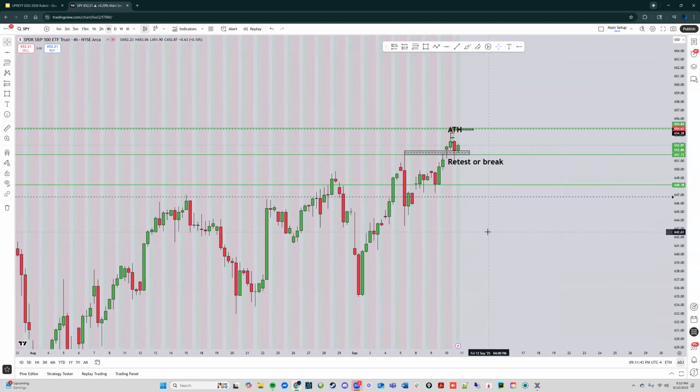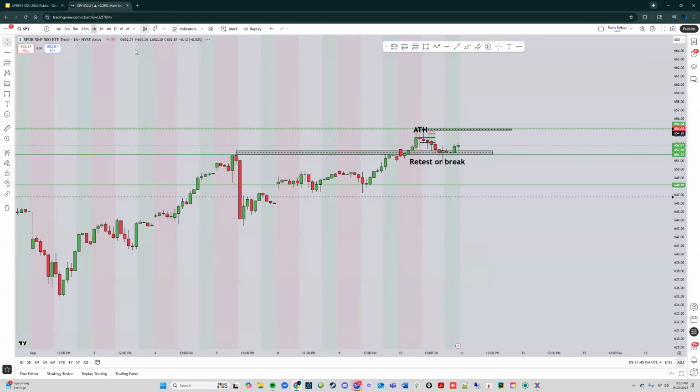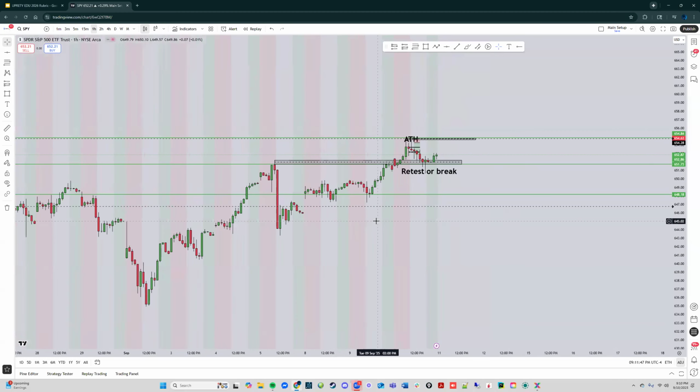The second thing I do is go to the 1 hour time frame once I have those two levels, and we get this right here. We got our ATH. ATH stands for all time high, which means that this is going to act as a zone for us.